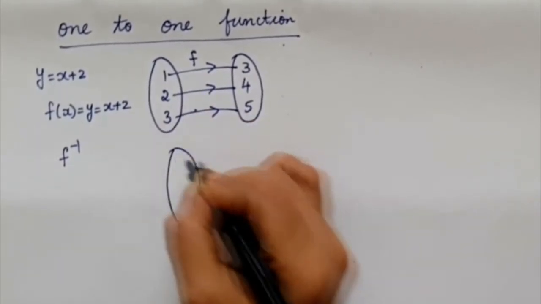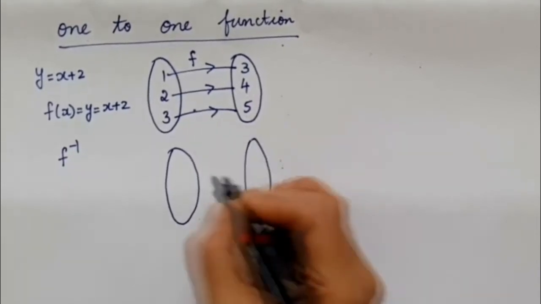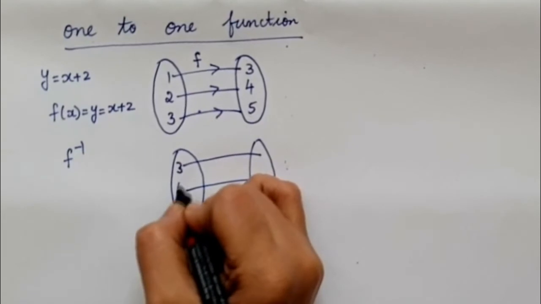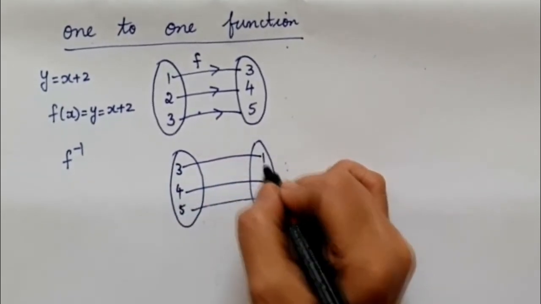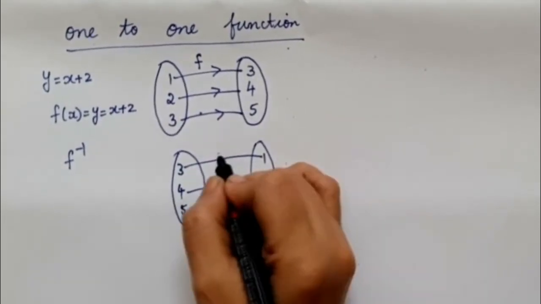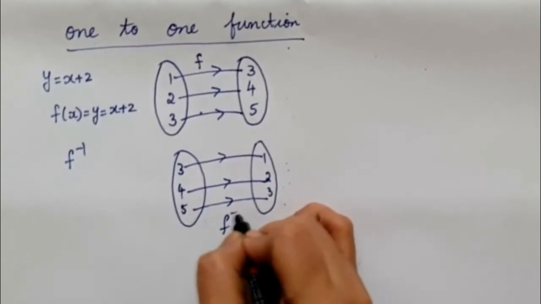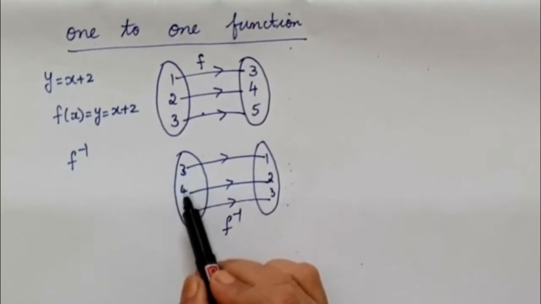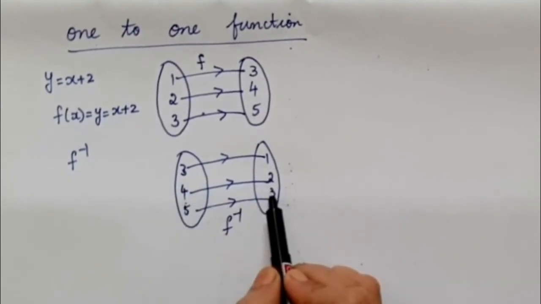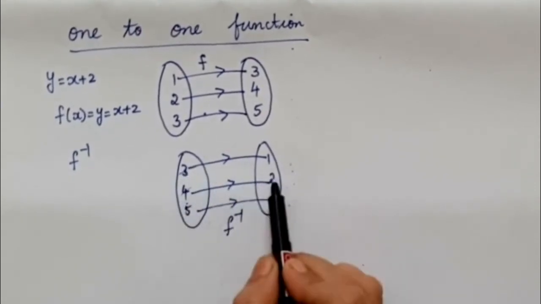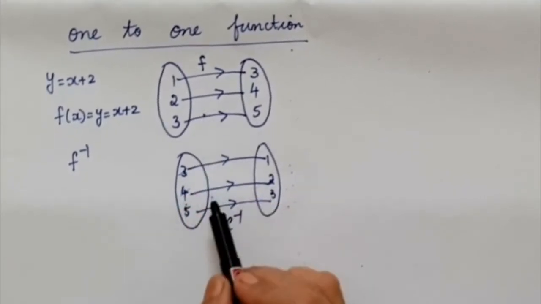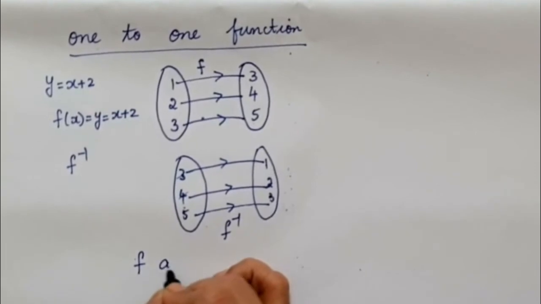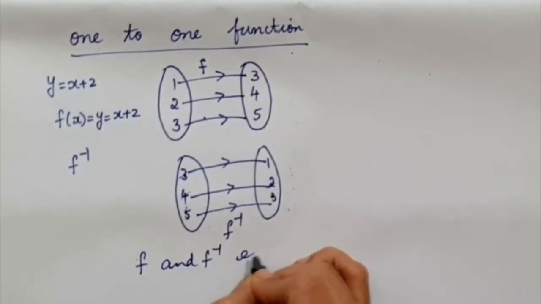If we just interchange it and write, we have 3, 4 and 5 over here, 1, 2 and 3 over here. This is for f inverse. When it is f inverse also, it becomes a function. That is, 3 is the object now and these are the images. So f inverse also is a function. So we have to understand that only when it is a one-to-one function, f and f inverse exist.